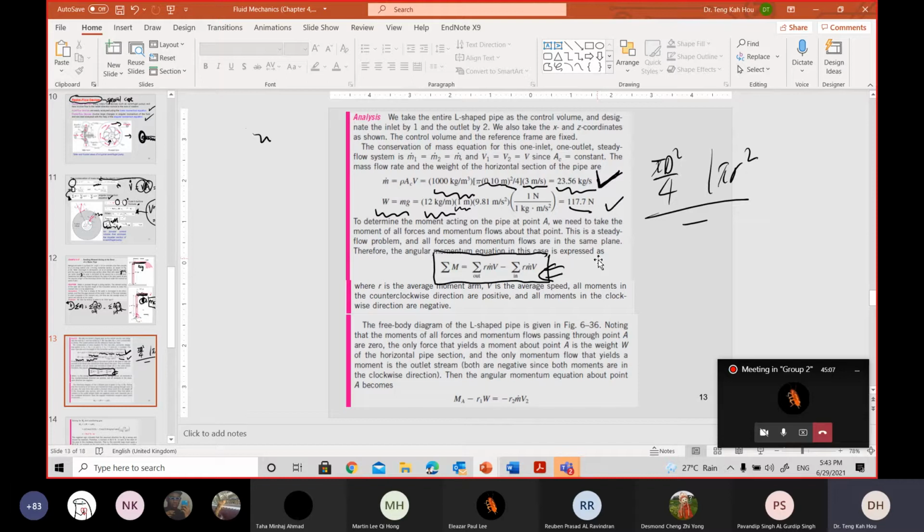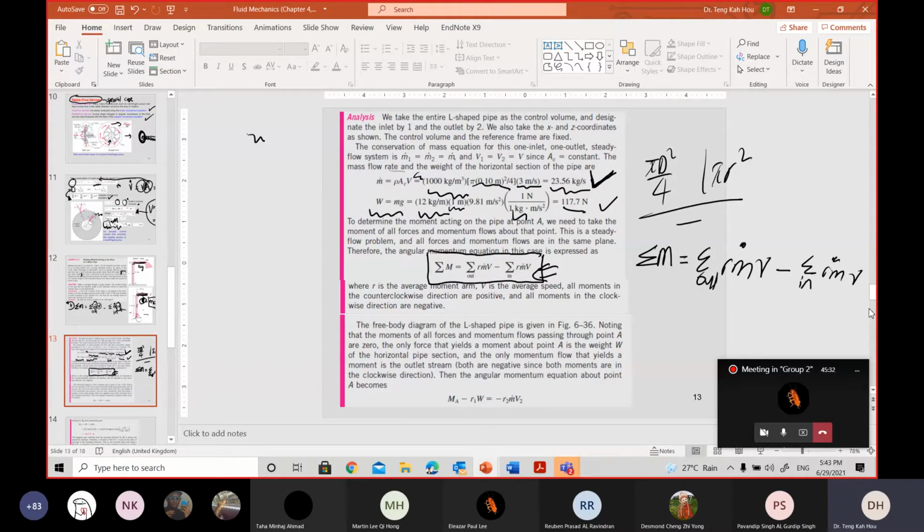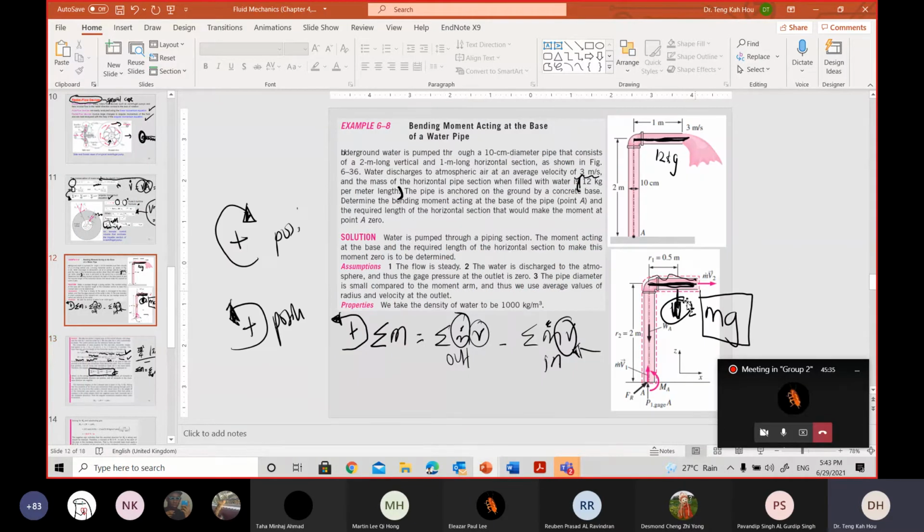So now come to the momentum part. As I mentioned, summation of M equals summation of out rMV minus in rMV. Don't forget about the mass flow rates. So you know that in this case, very obviously, there's only one outlet, and there's no inlet, because there's no MV1 here.